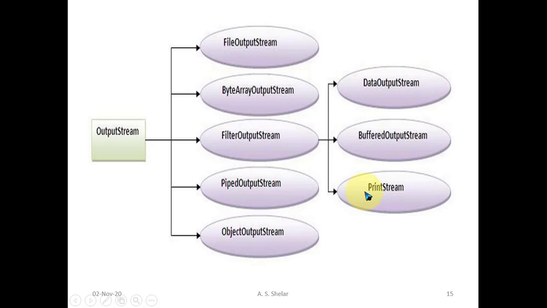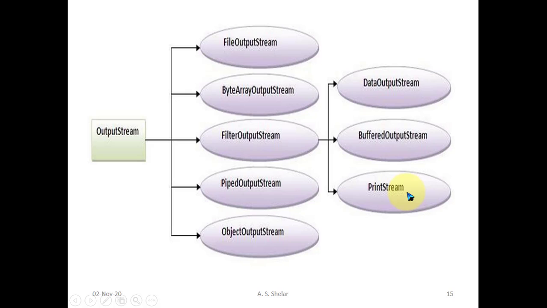System.out basically returns you the object of the PrintStream class. In the SOP statement, out is a static member of the System class, and that's why we call it with the class name System. System.out returns the object of the PrintStream class, and on the PrintStream object the println and print methods are available. These are output streams, and that's why this combination, the SOP statement, helps you print the output on a console.